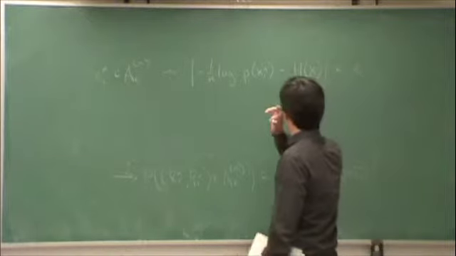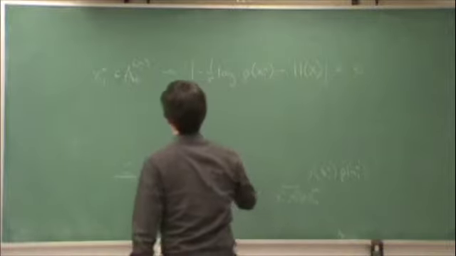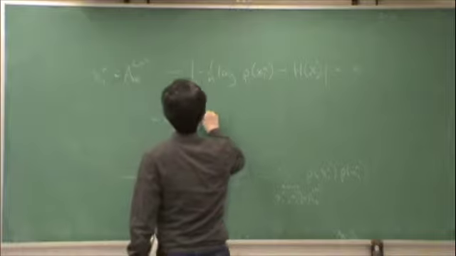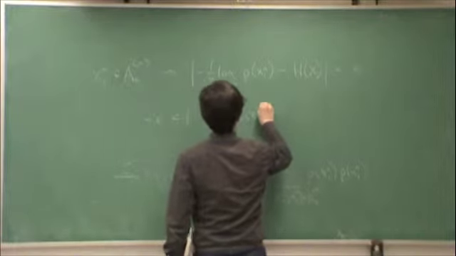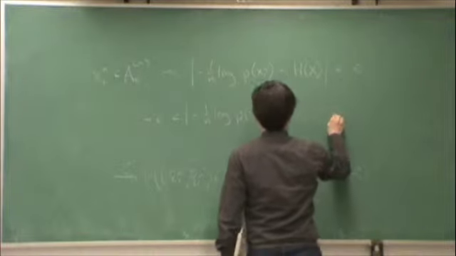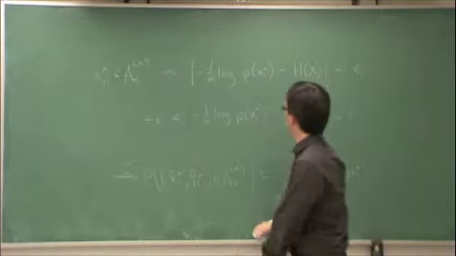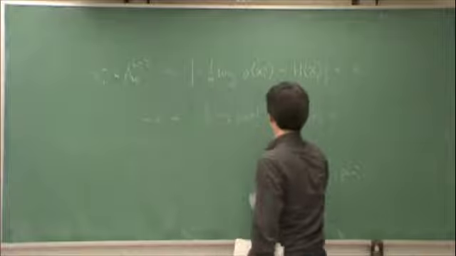What does that mean? I could rewrite that as minus epsilon is less than negative 1 over n log px 1 to n minus h of x is less than epsilon. Excuse me, that magnitude goes away. So basically all I did there was I got rid of the magnitude.